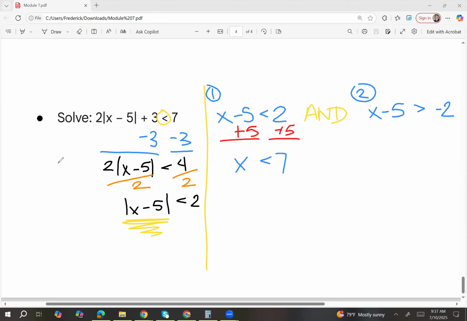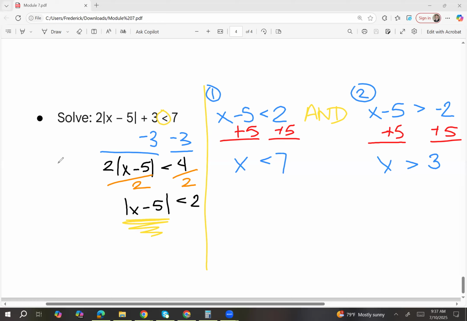So that was nice and quick. x is by itself already, no need to divide anything. This one will have a similar starting operation, add 5 to eliminate it on the left, leaving us with just x greater than, and then -2 plus 5, that's 3, positive, and 5 is larger.